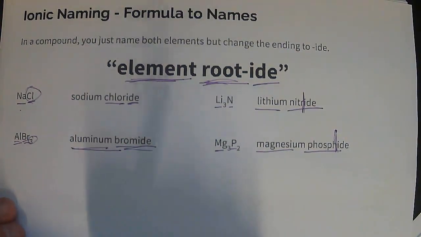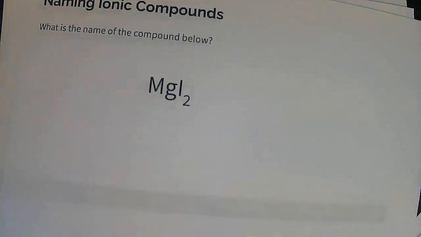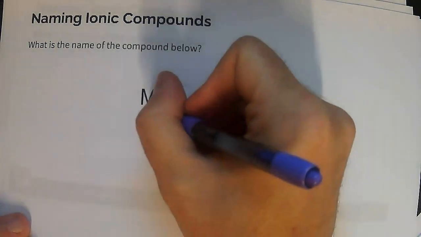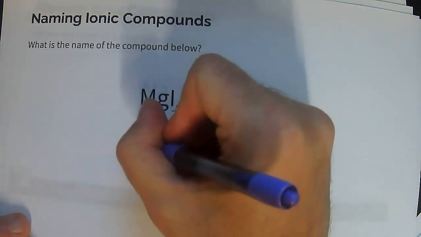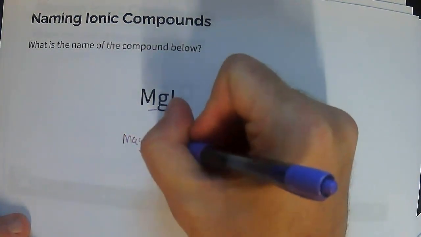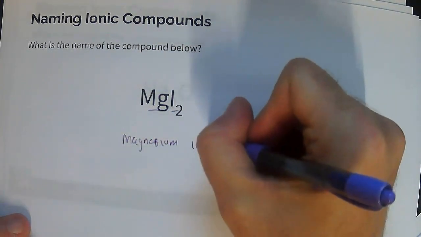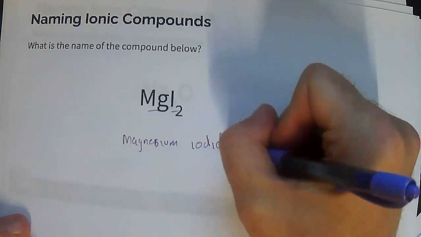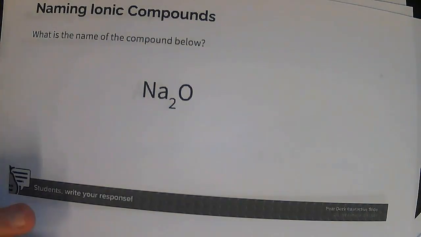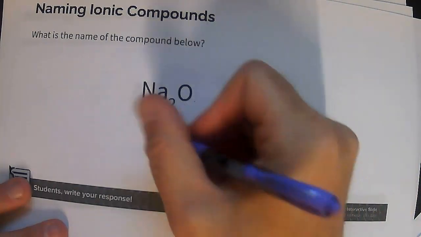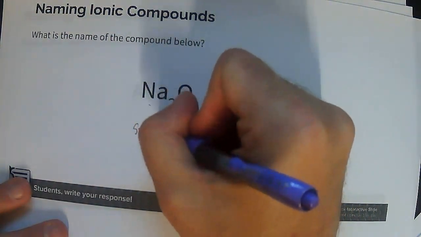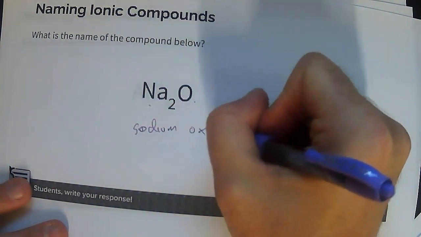So element root-ide. We're going to name the two elements. That's magnesium and iodine. Magnesium, and then iodide. Iodine turns into iodide. Sodium and oxygen, so this is sodium oxide.